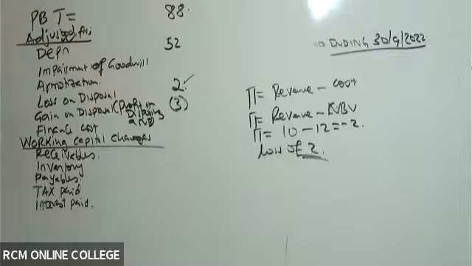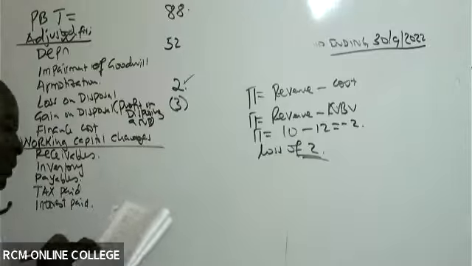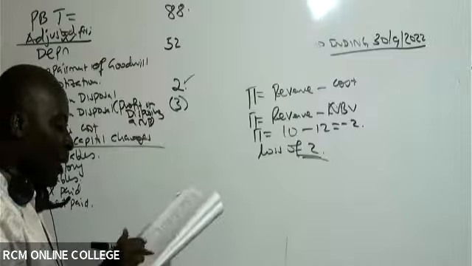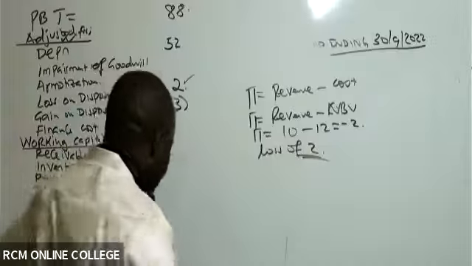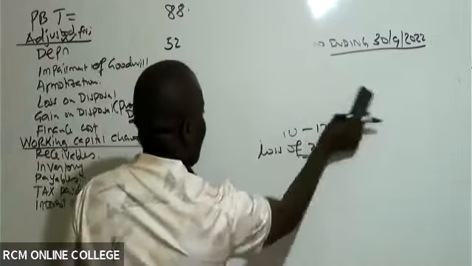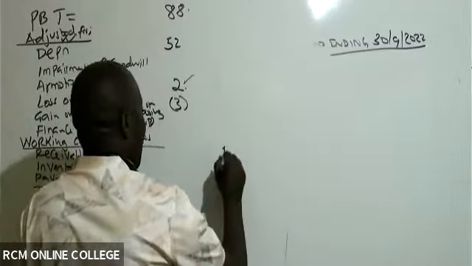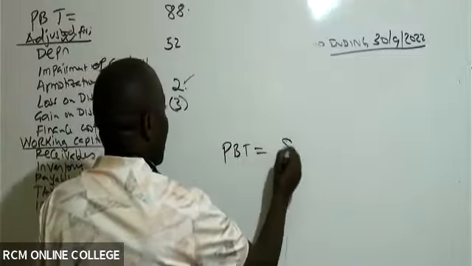Ladies and gentlemen, once you reach here, you've been able to do very many things from your notes and the accounts. Now, once you reach here, you go straight away to your income statement where you are able to see profit before tax. Profit before tax is 88.